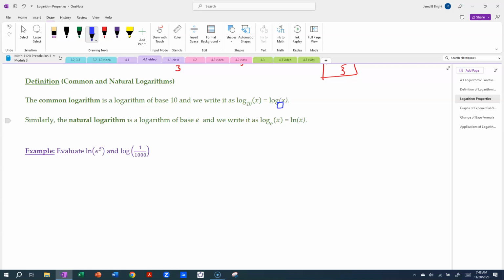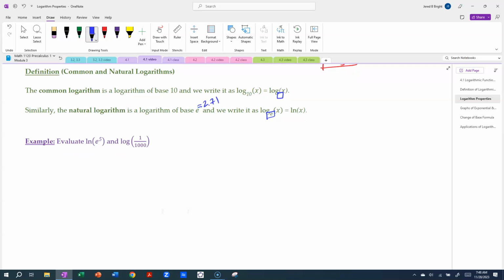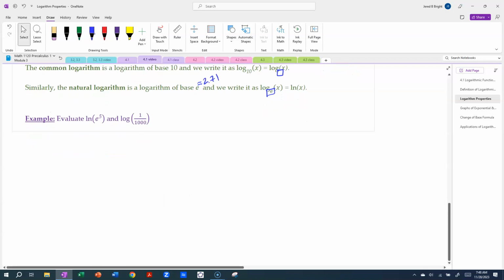Similarly, if you instead see ln instead of log, that just means natural log, and so you have a base of e, the natural number e, which is approximately 2.71. Be on the lookout for those two logarithms, and maybe we can make use of these in our work.